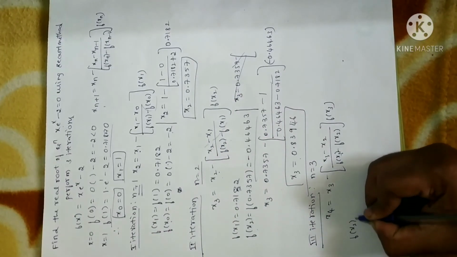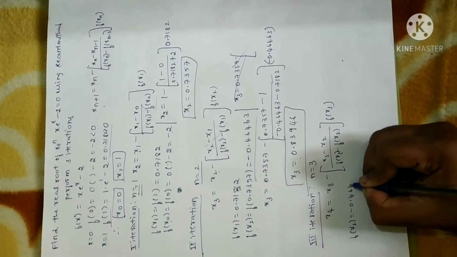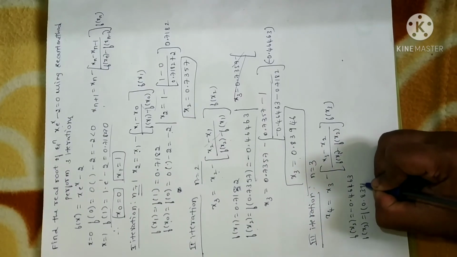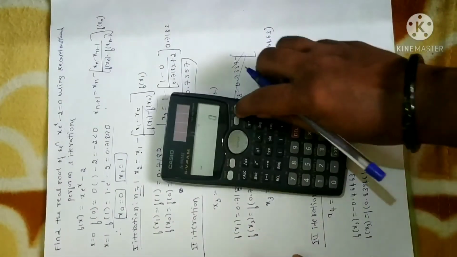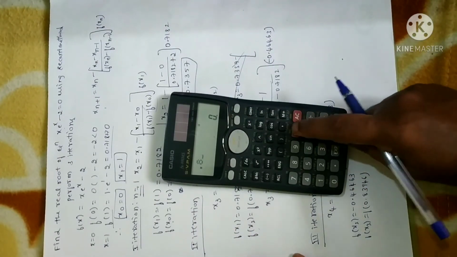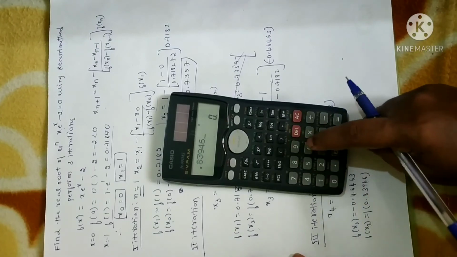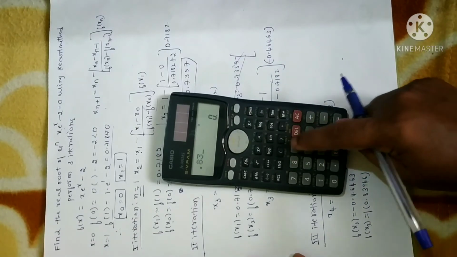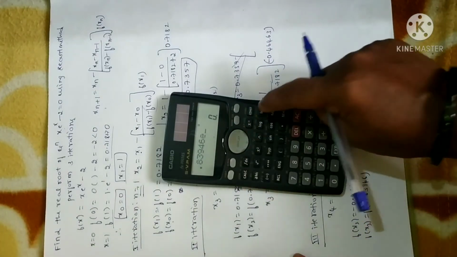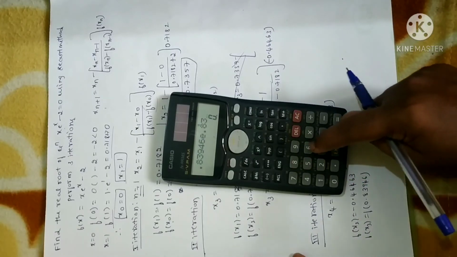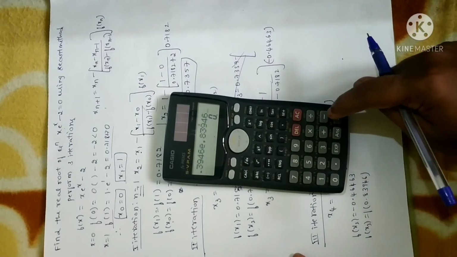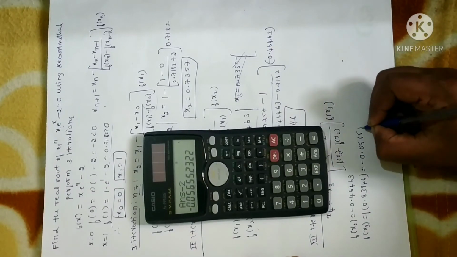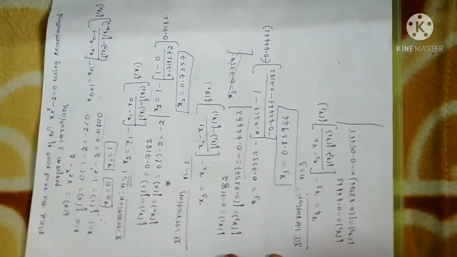So let me make a note. f of x2 is minus 0.46463. f of x3, in the sense f of 0.83946, I have to calculate. First let me calculate this value. 0.83946 shift exponential, 0.83946 shift ln, 0.83946 minus 2. So that will give us minus 0.05655. Clear?